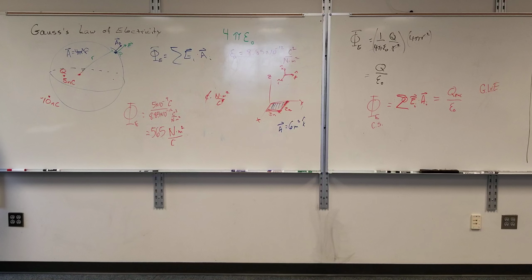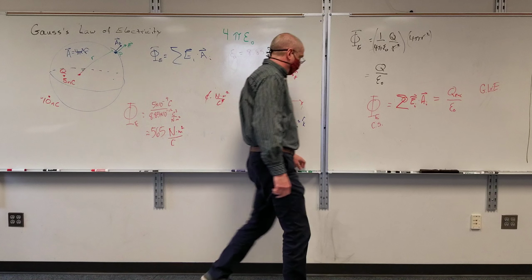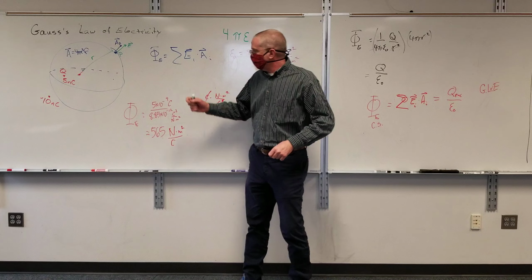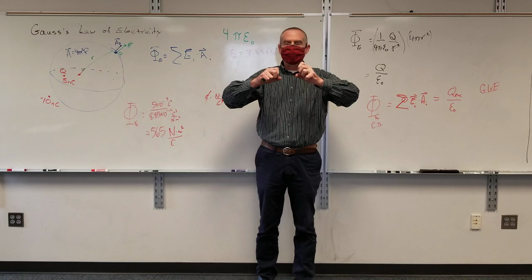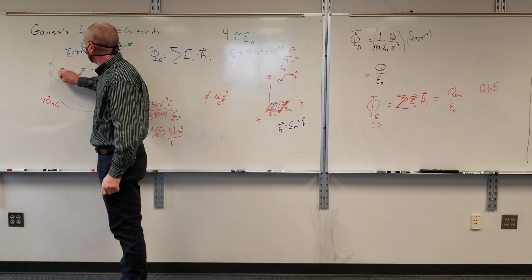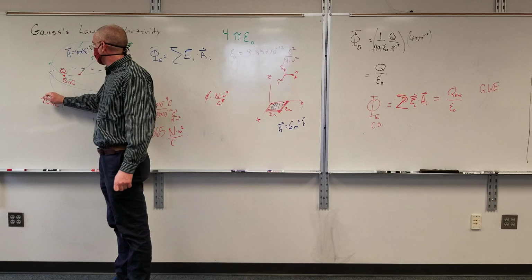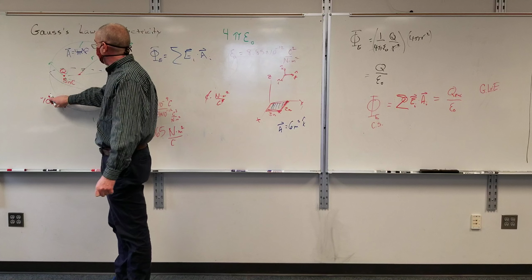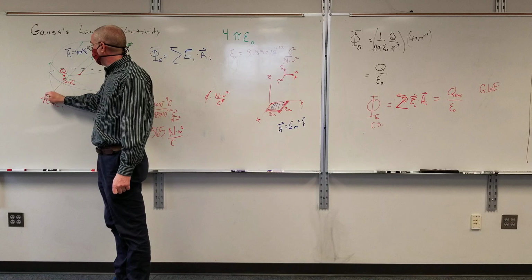Why does it not impact it? Ultimately, if you think about electric field lines going through a surface, either emanating from or going towards the point charge. So this one has electric field lines going in every direction. This one has electric field lines going towards it, but any line that goes towards it, if it passes through here, it's gonna pass through there.